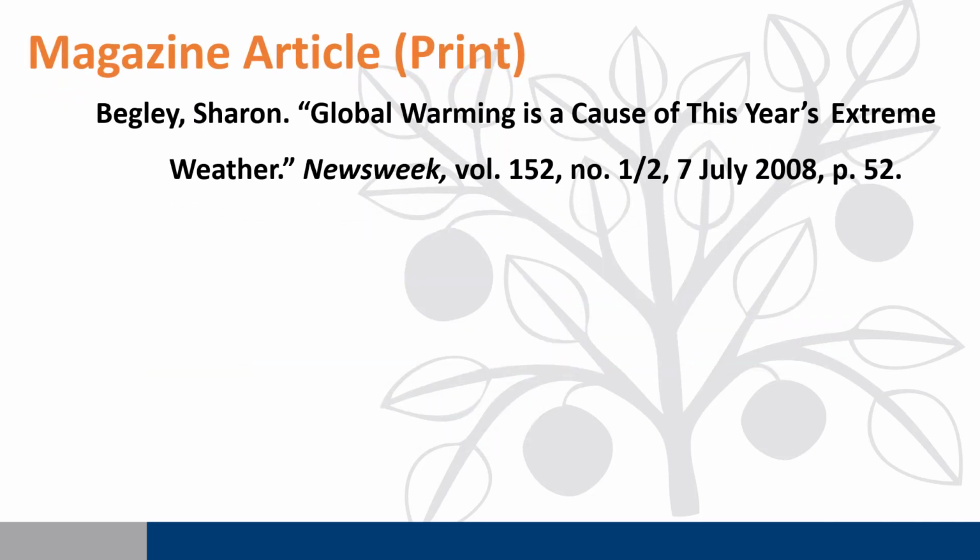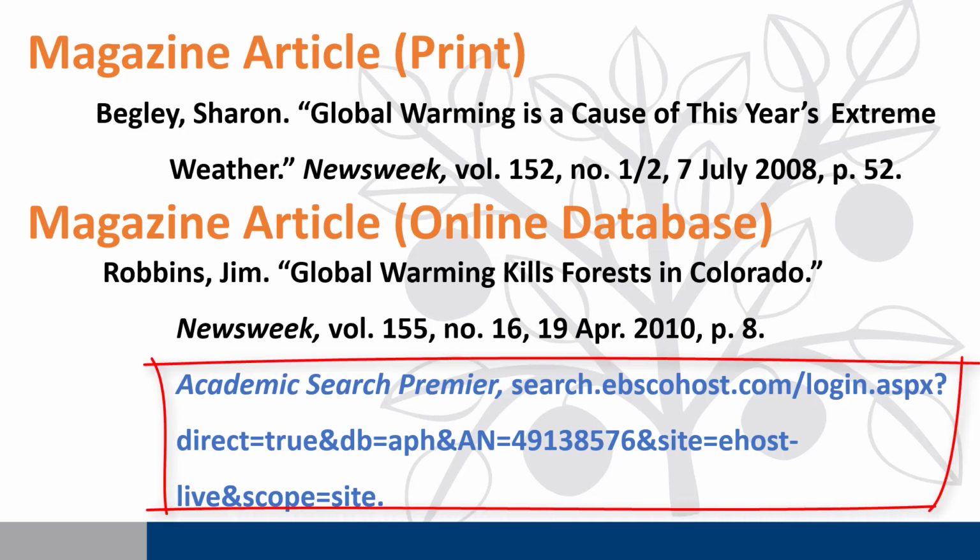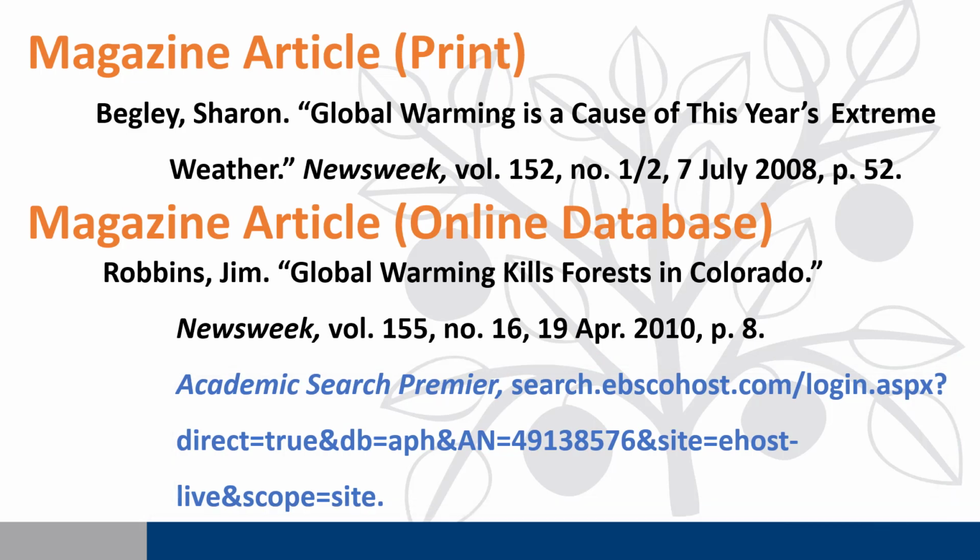Here's an example of an MLA citation for a print magazine article. And here's a citation example for a magazine article accessed using an online database. Note that the citation for the magazine article from an online database includes two more elements. It has the name of the online database in italics, followed by a comma, and then the URL or the web address to the article without the HTTP portion as we learned earlier.